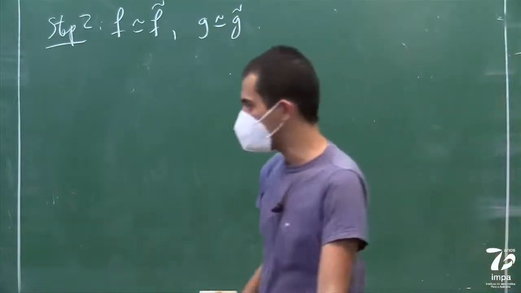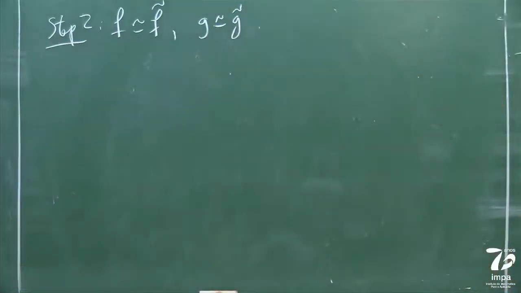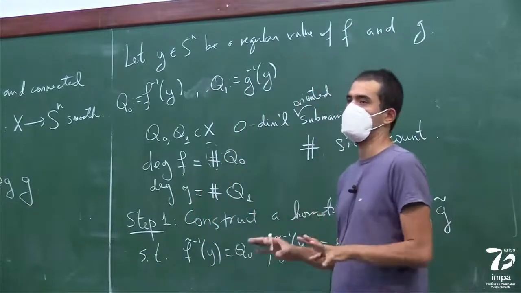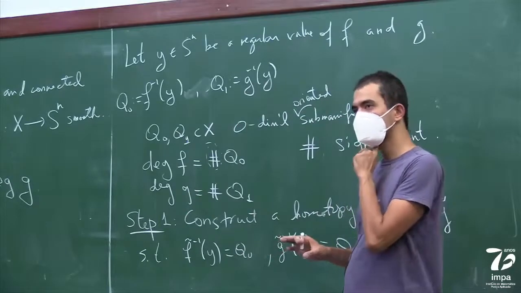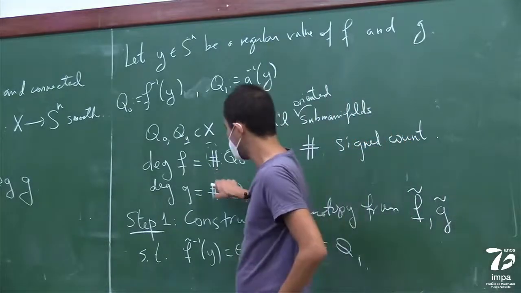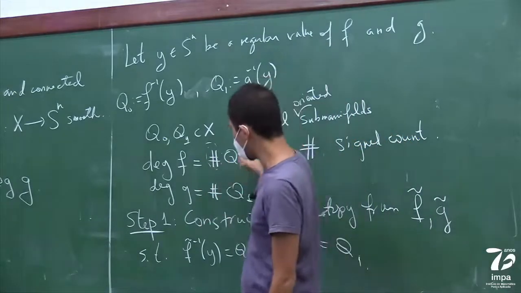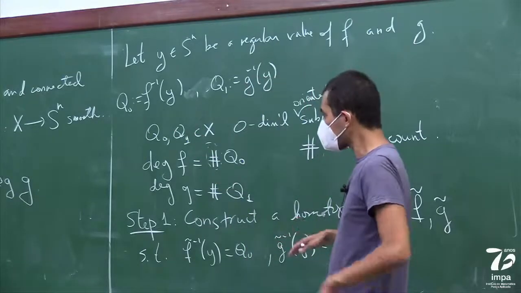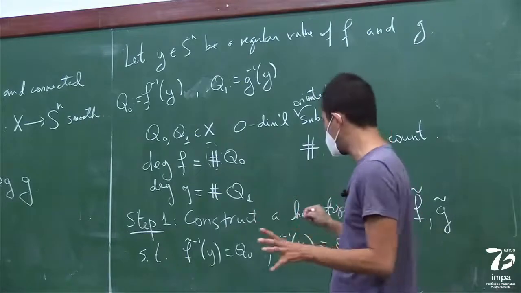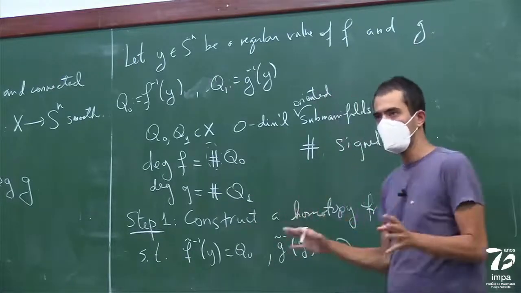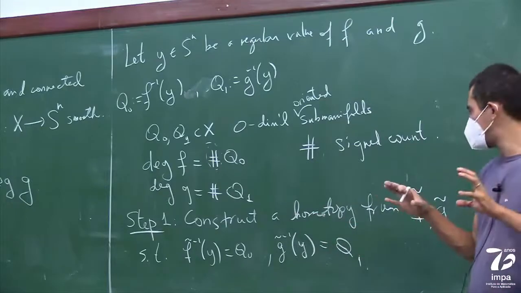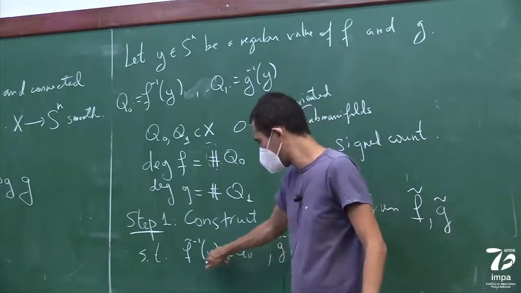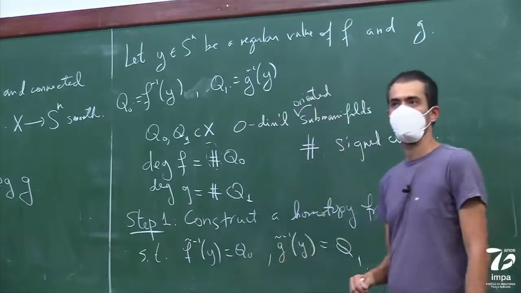Okay, so basically what I'm saying is the information that I want to care about are these points. It's actually just the degree, as you'll see. But I'll need these two to be equal. So if I take these points, q0 and q1, and I forget about f and g, the first step will be to use these points to construct a homotopy between two different functions that now have the same preimage of y.